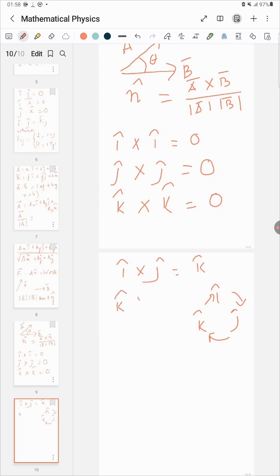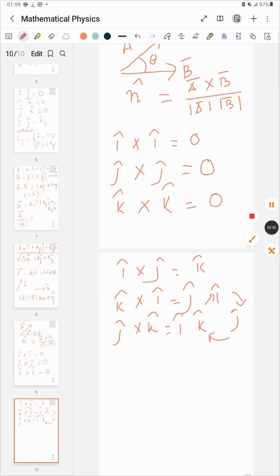k cap cross i cap would always give j cap. And j cap cross k cap would always give i cap. But what if you move against the arrow, that is anti-clockwise? When you move clockwise, the answer is always positive.